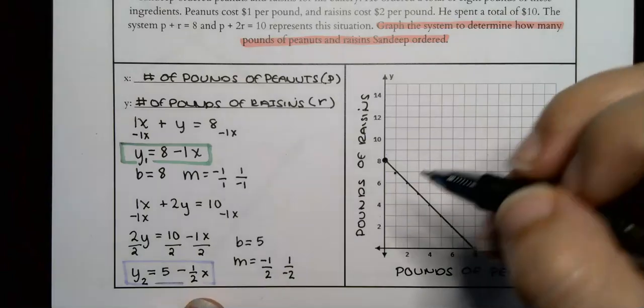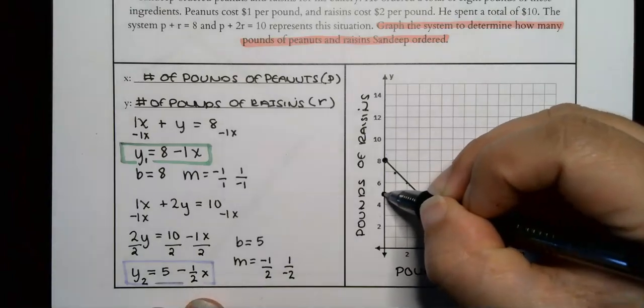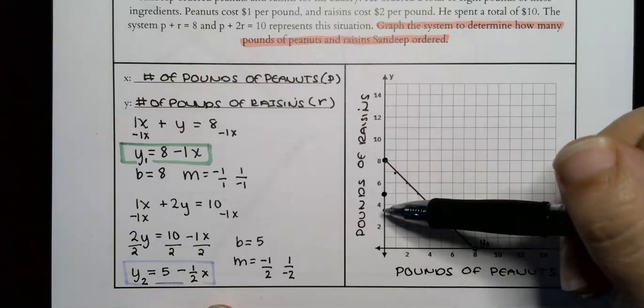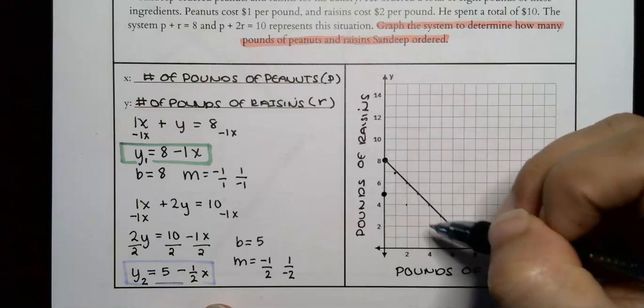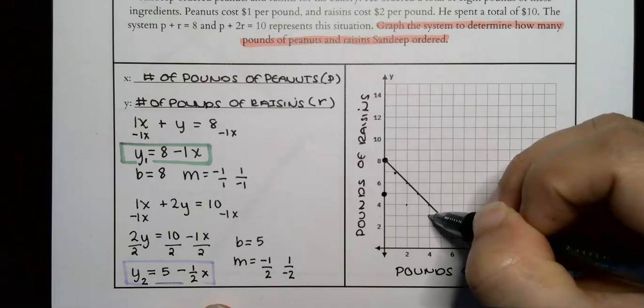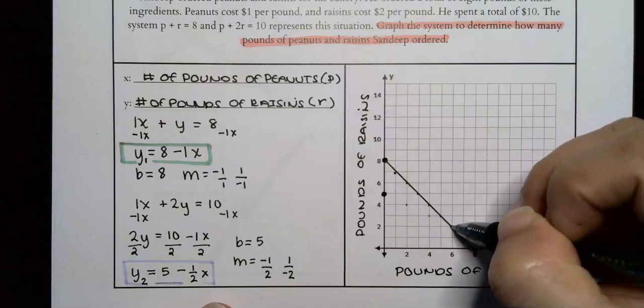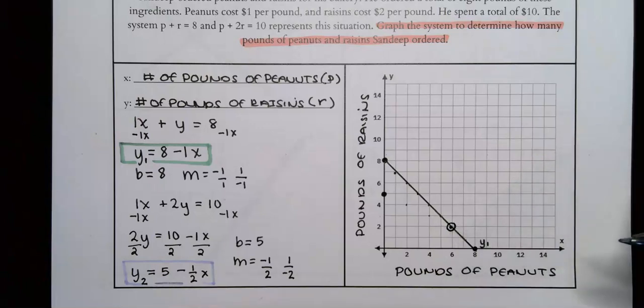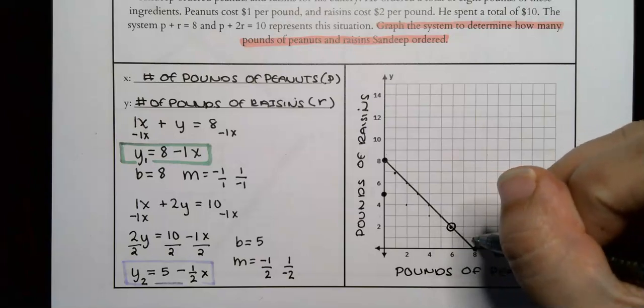And then we're going to do the same thing with y2. So our starting point is 5, right here. And we're going to go down 1 and over 2. So here's 1 point, second point. And then notice that this one right here is the one that they do have in common because it's already on the first line. It's now on the second line. But I'm going to keep on going to finish off this line.